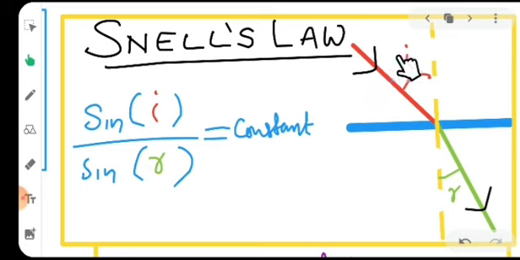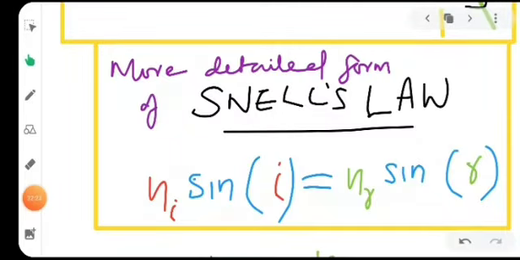For any value of i there will be a given value of r, provided for that particular medium this constant remains the same. This is what Snell's law was. So how does this work to solve our problem? For that, we will have to look at a more detailed version of Snell's law itself. This version is not in your syllabus, but let me show you how these things work.